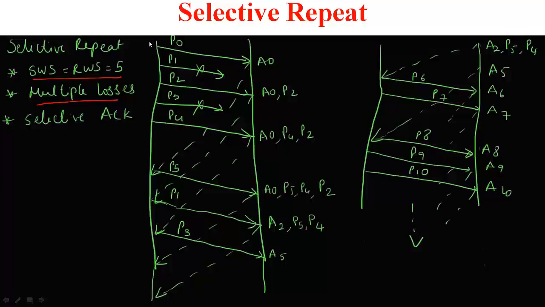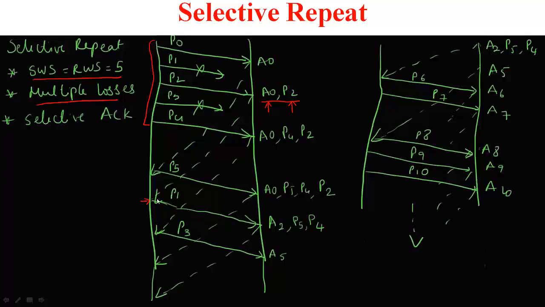Since the window size is 5, this is the usual sender sending 5 packets. In response to the first packet, A0 got sent, so you sent P5. But since P1 was lost, the acknowledgement that you sent is as follows. This is the cumulative acknowledgement and this is the selective acknowledgement that you have sent. Now in response to this ACK here, the sender has figured out that there is a hole at P1.